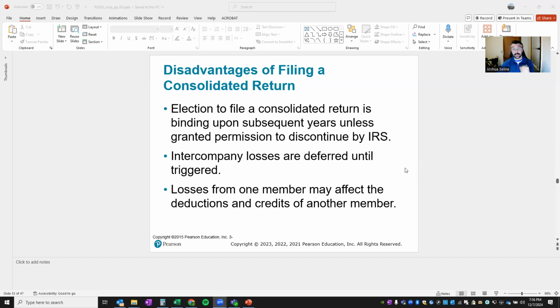Those are deferred. It's like they never happened for consolidated purposes. Losses from one member may affect the deductions and credits of another member, right? It's because we're combining everything into one big pot. I might lose out on something because someone else in the group affected it.